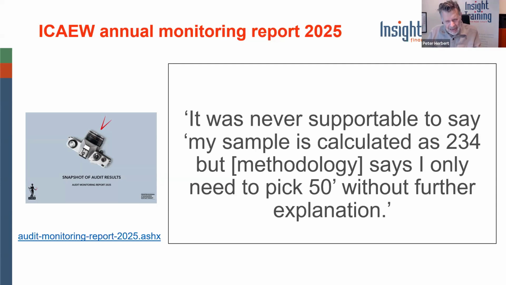The move away from caps, without doubt, is broadly speaking pushing sample size levels up. But 234 is a really big number. You can make a case for a lower number, but that case has got to be made. As the Institute Monitoring Report says, where you're moving away from that calculated figure without further explanation, we would have issue if we were indeed looking at an audit file.